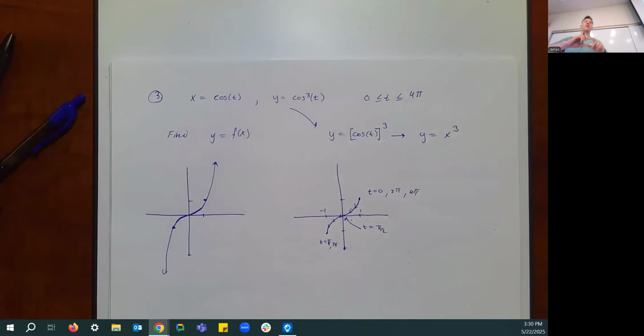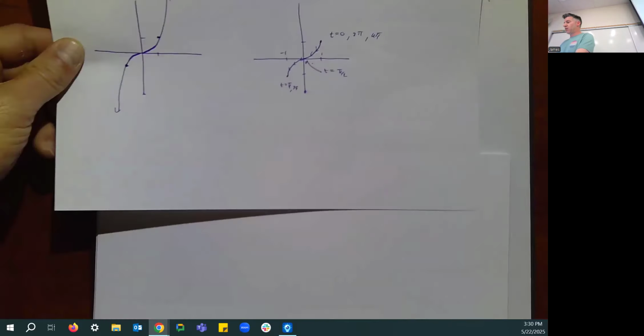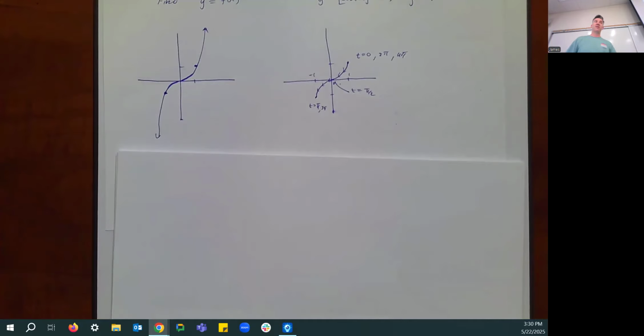Being able to go the other direction, taking some Cartesian function or curve and parameterizing it. I'm thinking specifically about lines in 3 dimensions, where it's not just y equals mx plus b, it's really like some point plus some vector times your parameter, essentially.